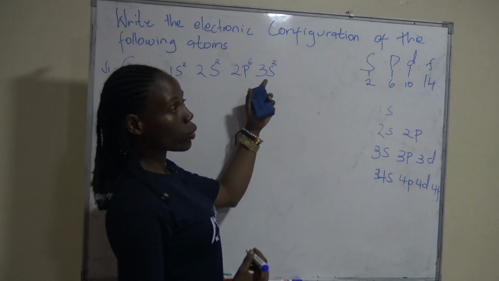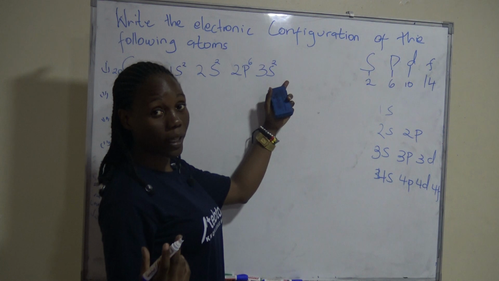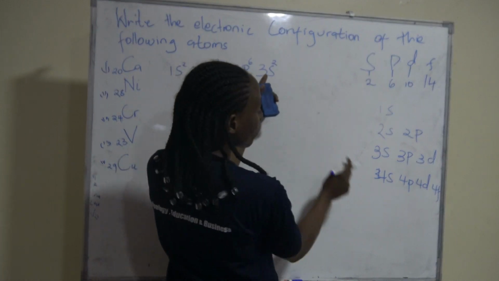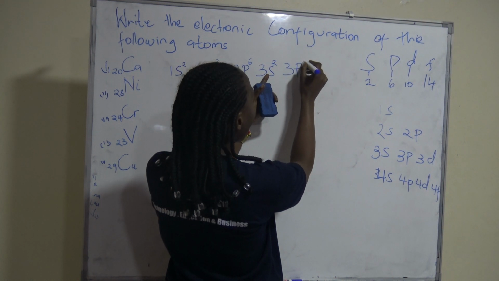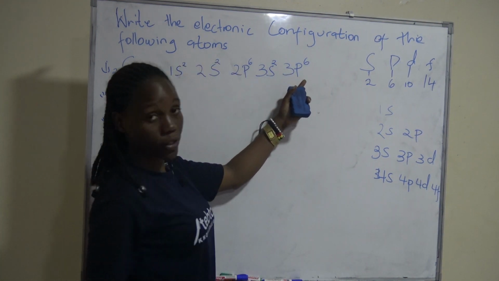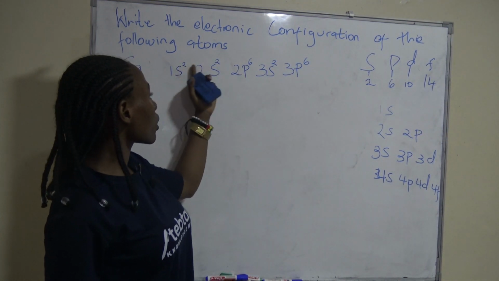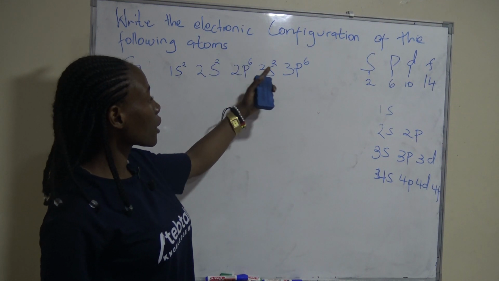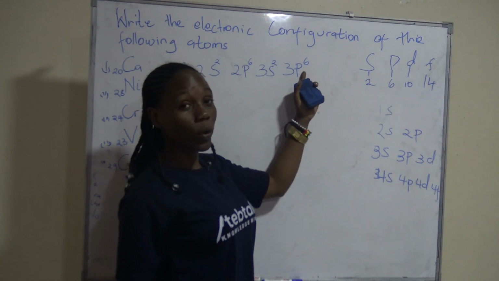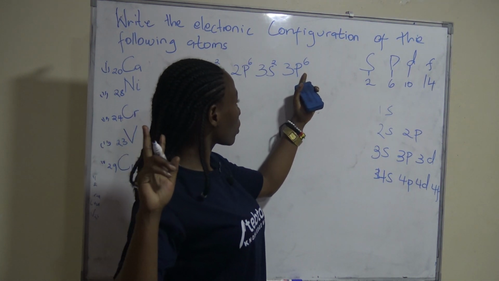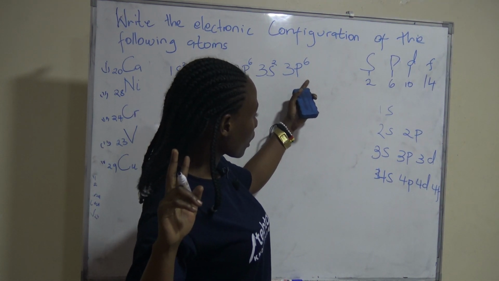So far we have 12 electrons, and we are remaining with 8. From 3 we go to the p, which takes a maximum of 6 electrons. So this is 4, this is 10, this is 12, this is 18. We are only remaining with 2 electrons.